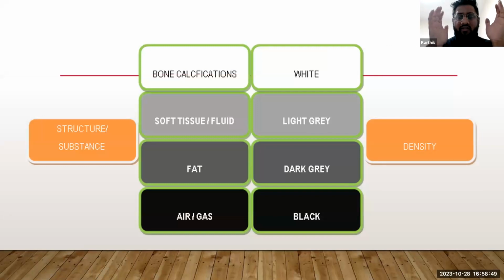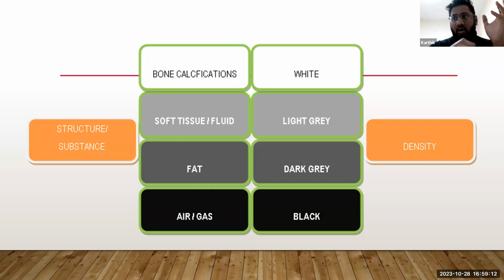Immediately when you first look at a chest X-ray, you'll see different colors. So what do all of these colors mean? I put in here about 4 colors, but there's actually a 5th color. Firstly, the black zones are normally air and gas, so less dense. The dark gray is fat, and the light gray is soft tissue and fluid.